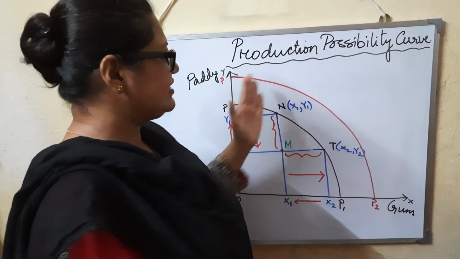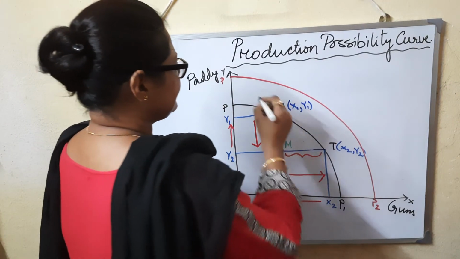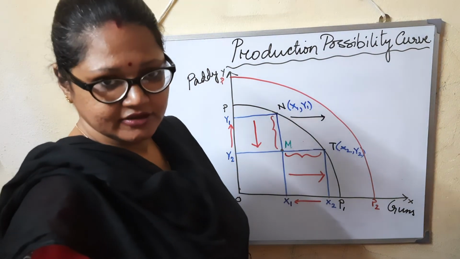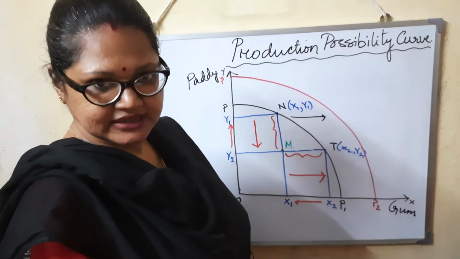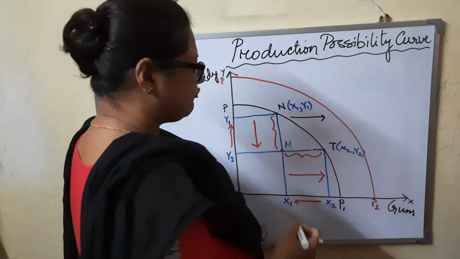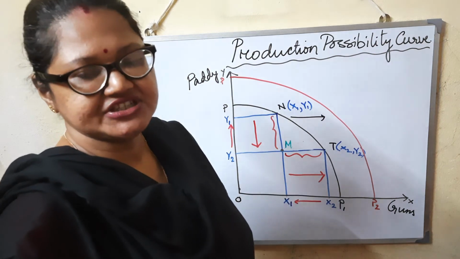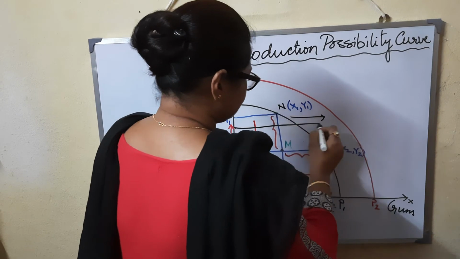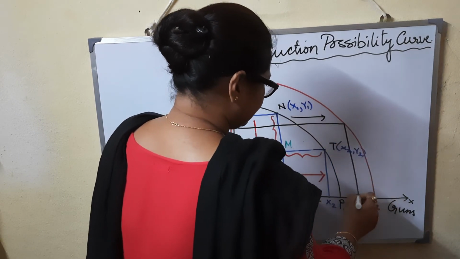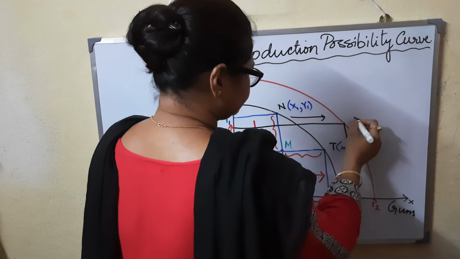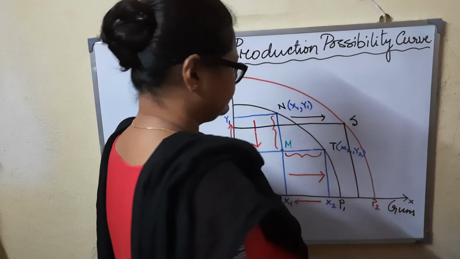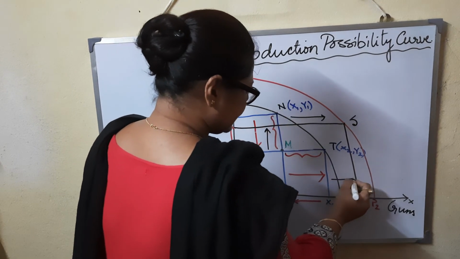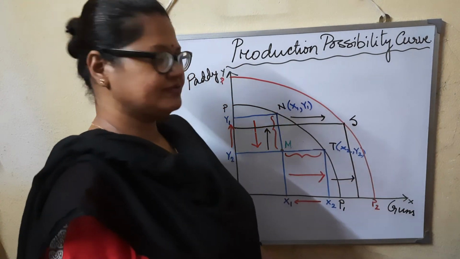But in this case, when there is a technological advancement and there is a parallel shift of the PPC to a new path, production of both commodities can be increased together. That means this can be a new combination where both paddy and guns production have increased.